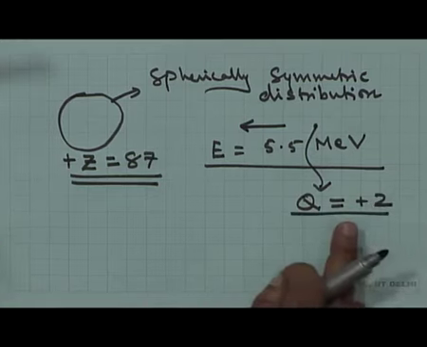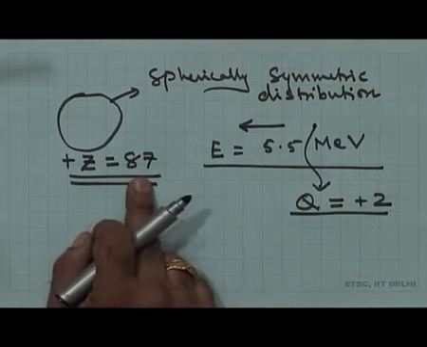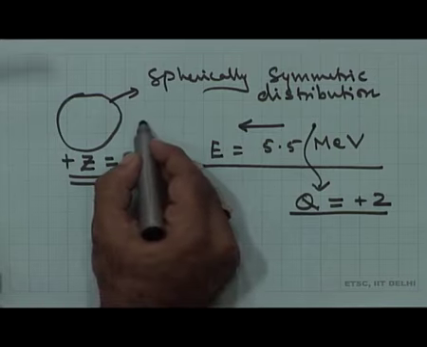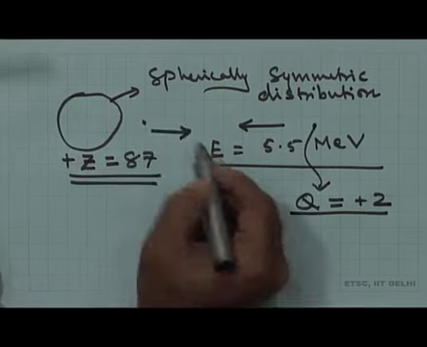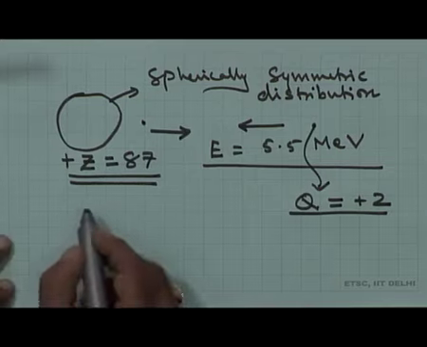So alpha particle carries 2 units of charge, the gold atom carries 87 units of charge, like charges repel, and therefore there is going to be a barrier. So what we are asking is, what is the minimum distance of approach before it gets turned back? That is the question that we are asking. So that is very easy to compute. What will I do?